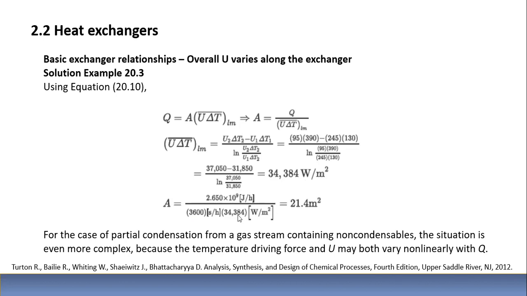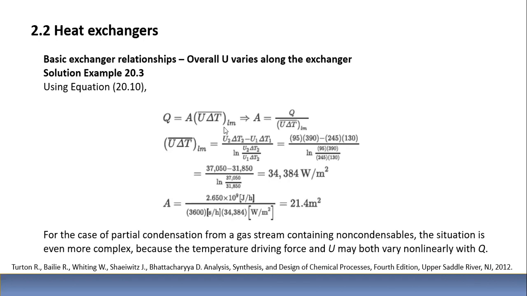So there has to be a conversion in here, which is what you see there. 3,600 seconds per hour, so that this is also converted to joules per hour, and it can be canceled out. And since this is also divided by square meters, we'll finally end up with the units in square meters. So it's pretty much straightforward.